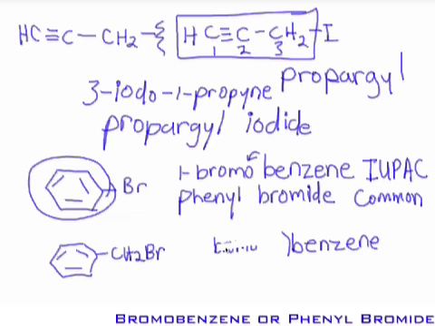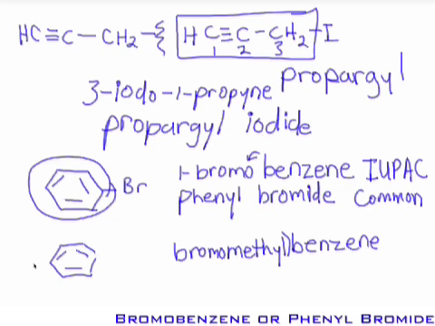I need more room. Might be easier just to write methyl and then bromo. So methyl, still not enough room. Bromo. And we need some numbers here, so I'm going to move this back.